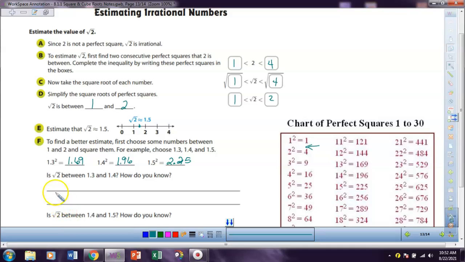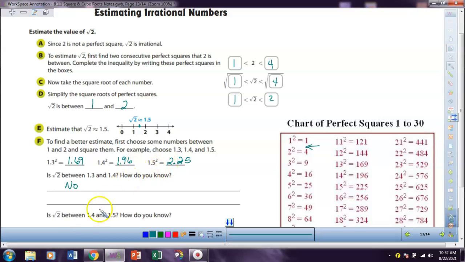Okay? Now, the question they have is, is the square root of 2 between 1 3/10 and 1 4/10? I would say no, because 2 is larger than 1 96/100. Then they want to know, would it be between 1 4/10 and 1 5/10?